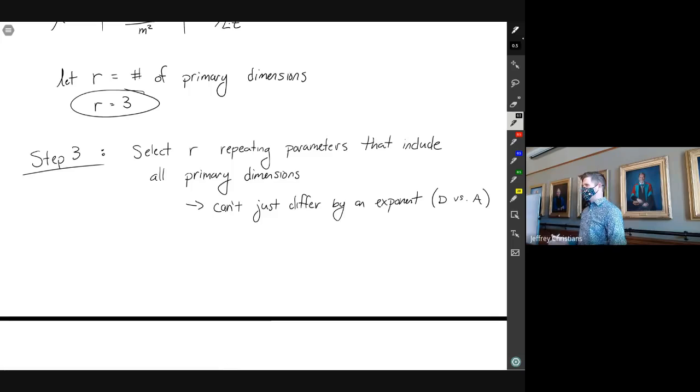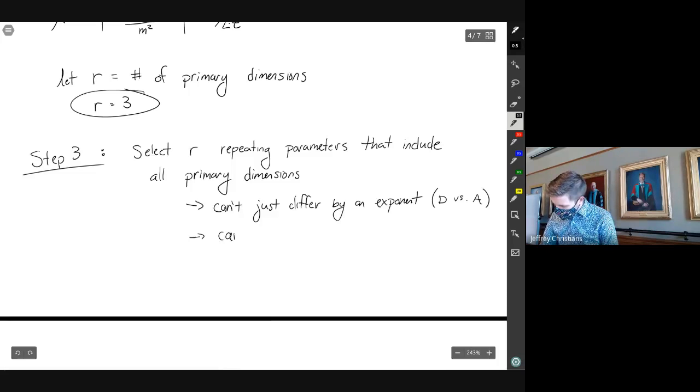There are some situations where that's not super clear, like it is maybe with a diameter and area. But they can't just differ by an exponent. And we can't choose our dependent parameter. So we can't choose f drag.